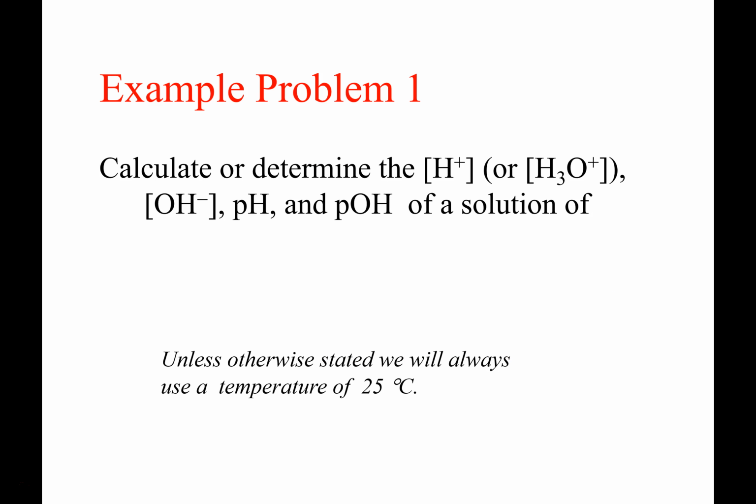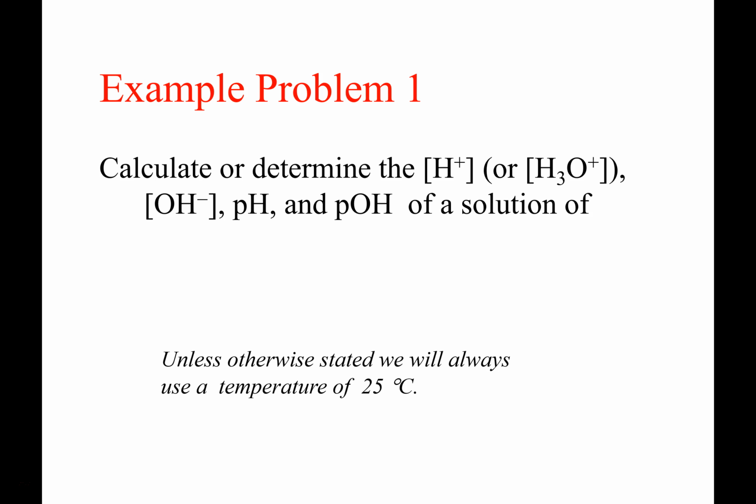Okay, so let's do a problem, shall we? This is a really common thing where you're given a solution, information about the solution, and you're supposed to knock out 4 things. You're supposed to knock out the hydrogen ion concentration, the hydroxide ion concentration, the pH, and the pOH. And I think I'm probably going to show you a couple of different ways to work this.